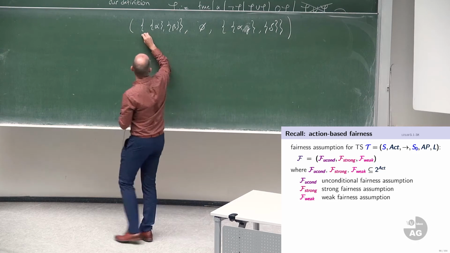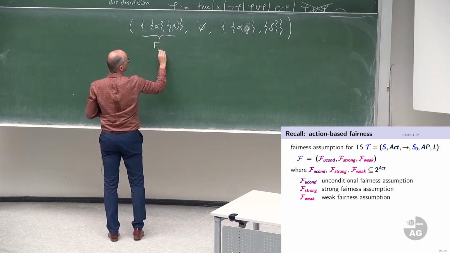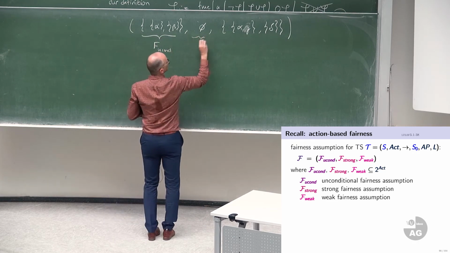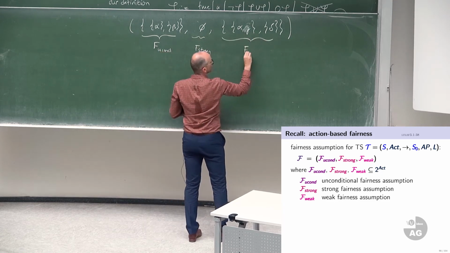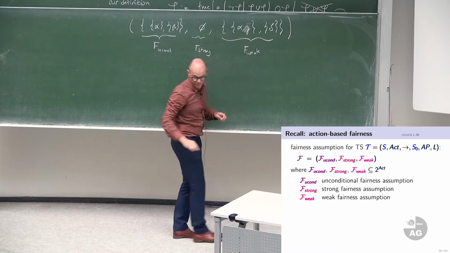Then this is the unconditional fairness, this is the strong fairness, and this is the weak fairness.